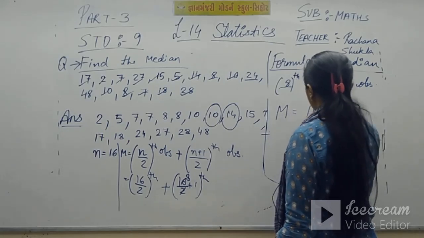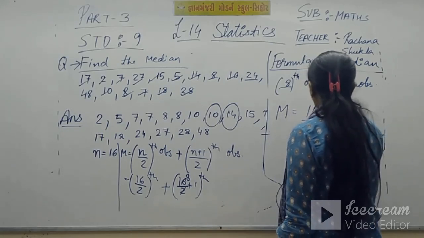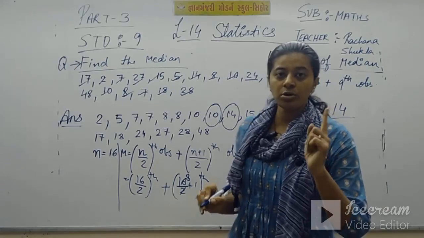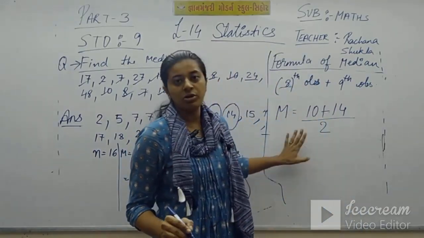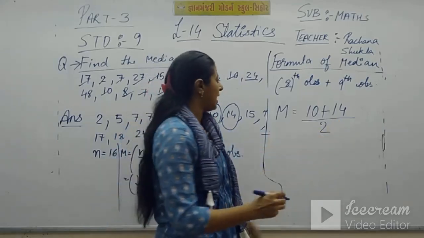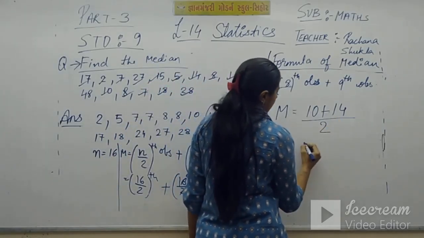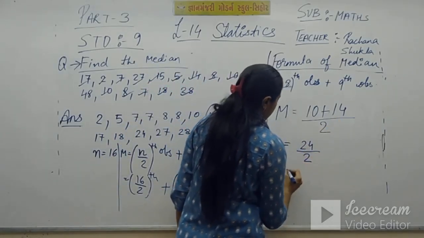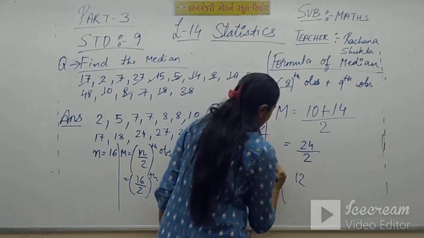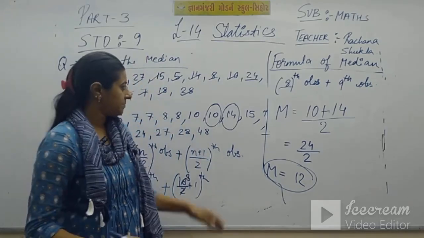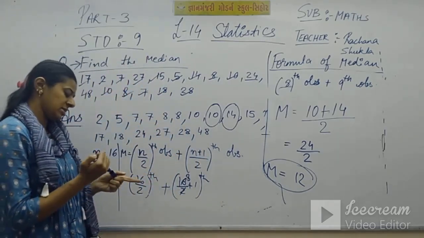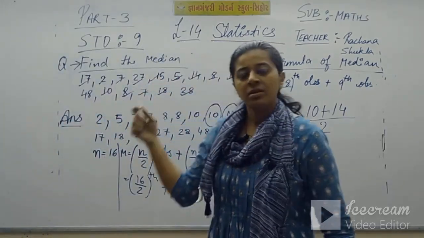Median equal to 10 plus 14, and then you have to divide that by 2. Don't forget to divide by 2. 10 plus 14 is 24, divided by 2 is 12. Your median is 12.